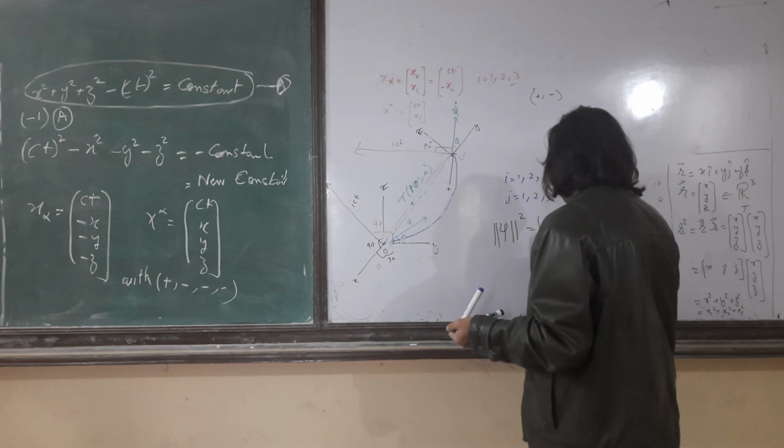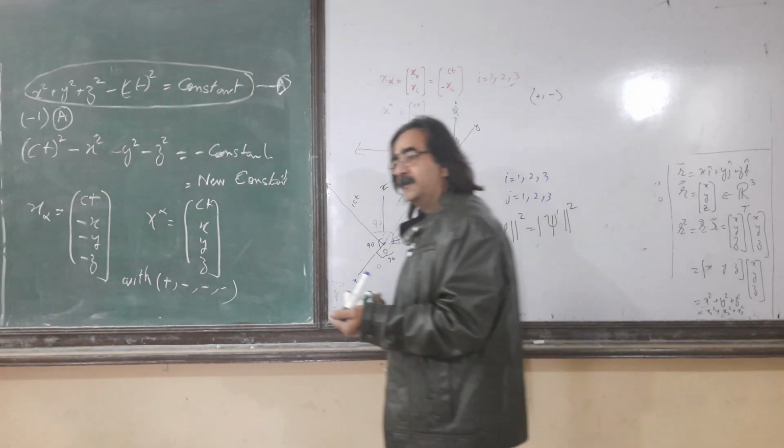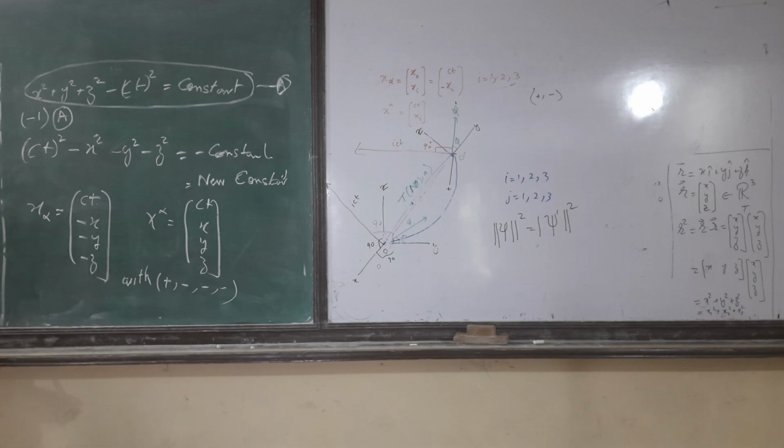Phi square will remain the same, as I have already explained in the topic of rotation. If you remember the topic of rotation, that is correlated. Rotation was in 3 dimensions and it is now in 4 dimensions.